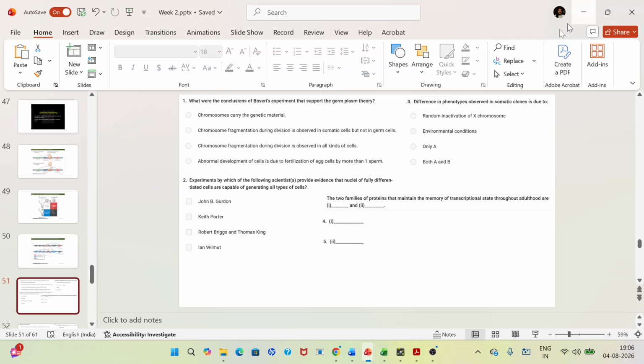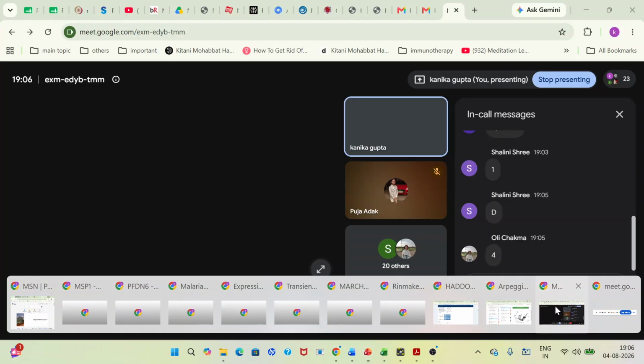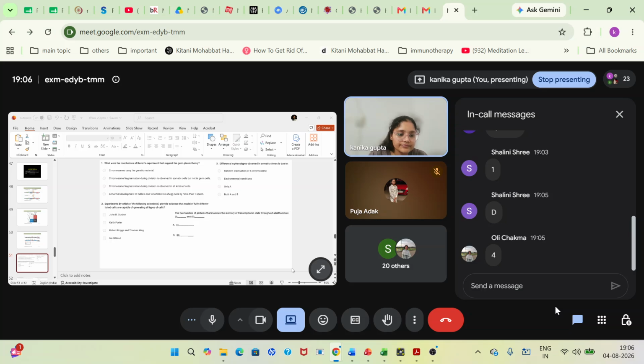Two proteins are there, so name the two proteins. What are these two proteins? You can answer both of the fill in the blanks together, for fourth and fifth.